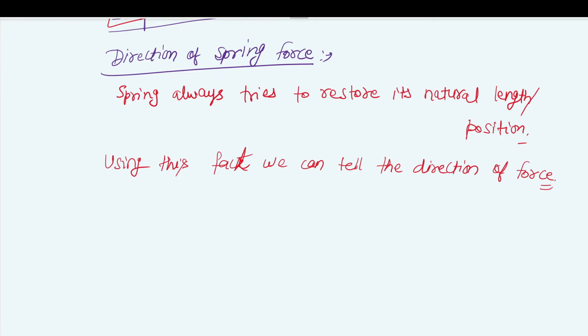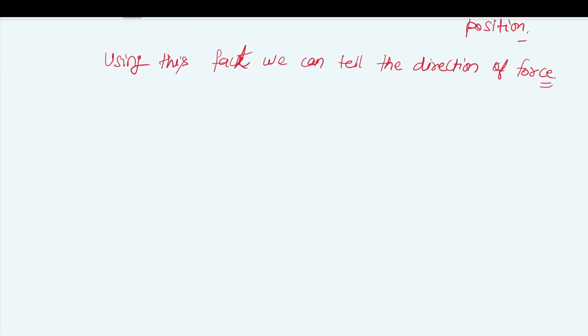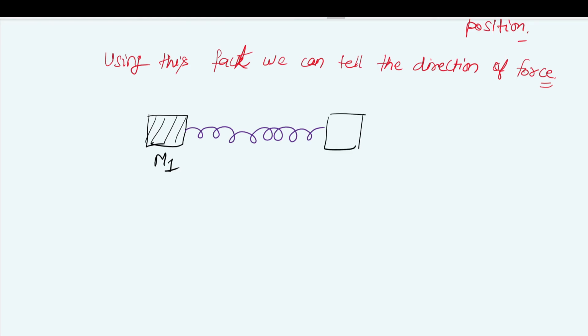For example, let us assume there is a block, this one, of mass m1, and this block is connected to a spring, and the other end of the spring is connected to another block of mass, let us say, m2.